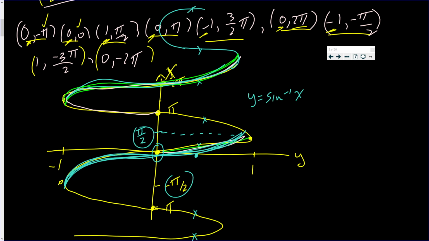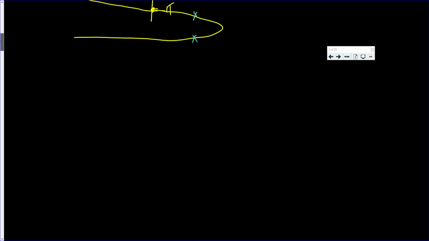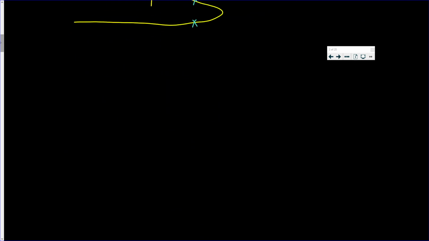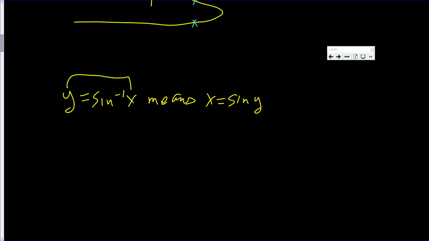What we have is the following. y is equal to the sine inverse of x. This means that you can interchange x and y anytime you want. But then if it has an inverse, you don't put an inverse.